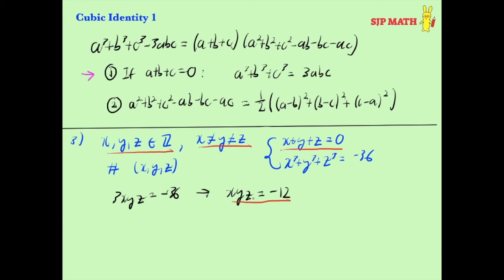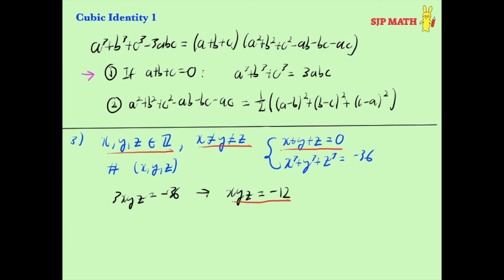And since x, y, z are integers and they're distinct, it's actually pretty easy to find all the triples of solutions of x, y, z that satisfy these conditions. Because we just have to find the factors of 12 because x, y, z are integers.